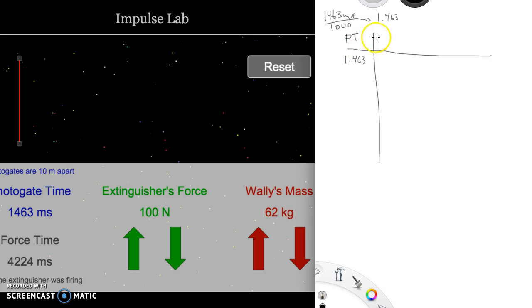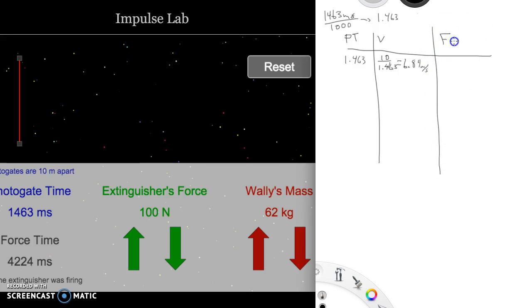Okay, so that means that to find the velocity, if the photogates are 10 meters apart, we're going to take the distance traveled of 10 meters and divide it by 1.463 to find out how fast the astronaut was traveling. Okay? And 10 divided by 1.463 is equal to 6.84 meters per second.